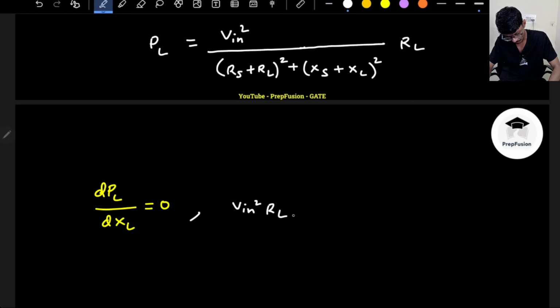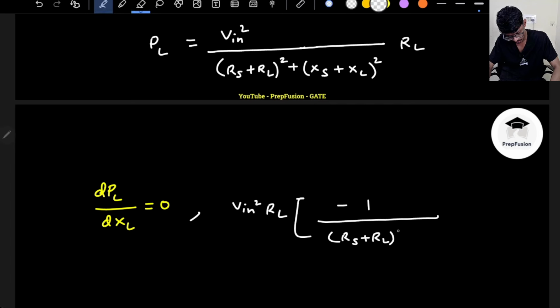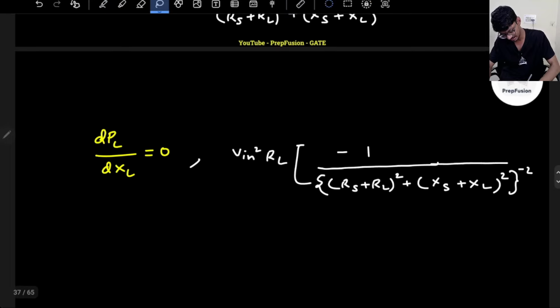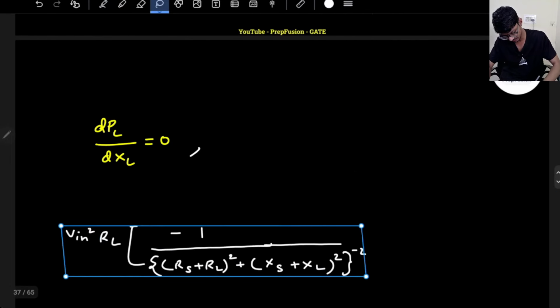This will be minus 1 divided by (Rs plus RL) whole square plus (XS plus XL) whole square, raised to power minus 1. Obviously, n into n minus 1, so this will be raised to power minus 2, and of course the chain rule is in action, so I have to differentiate the inside function as well.